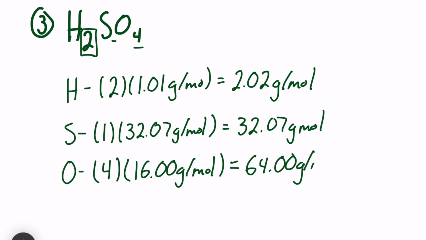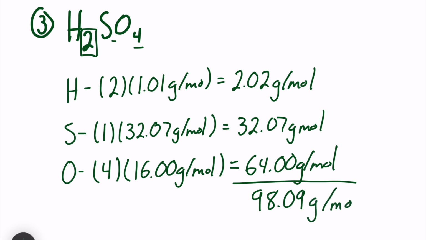Finally, oxygen, we'll go 16.00 grams per mole multiplied by 4, and that's going to get us 64.00 grams per mole. And finally, what we need to do is add all of these up. So we have 2.02 plus 32.07 plus 64.00, and what we should get here, folks, is 98.09 grams per mole.